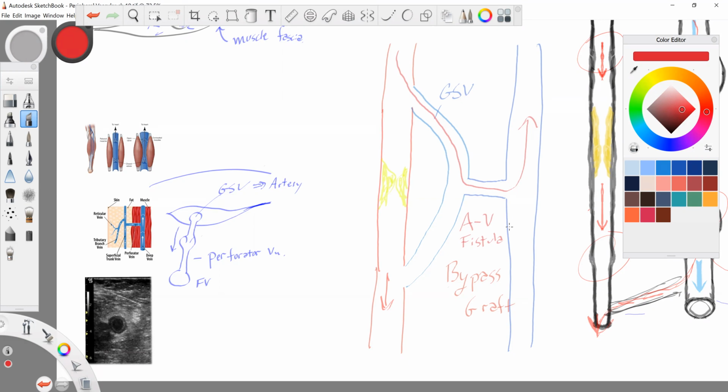An intersaphenous vein would be one that went from, let's say, this great saphenous to the small saphenous. Let's see, think about it. Blood flow, blood flow, blood flow. Yeah, that can cause problems as well. Less likely though, because of where these take place, but certainly the perforator veins are the most important.